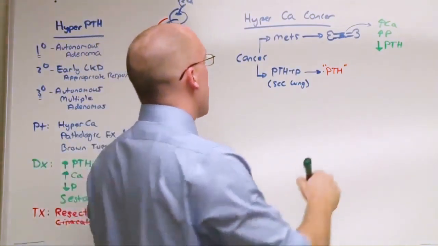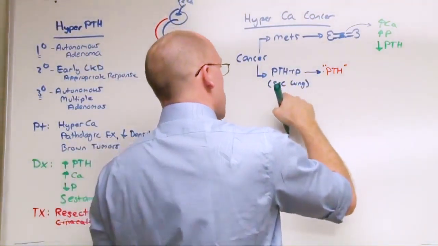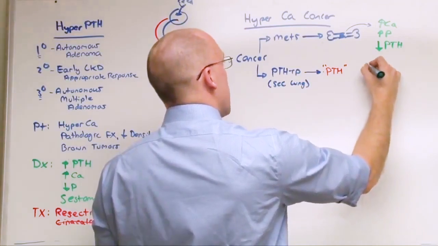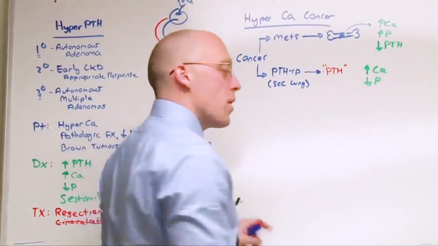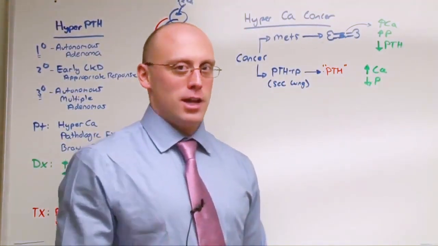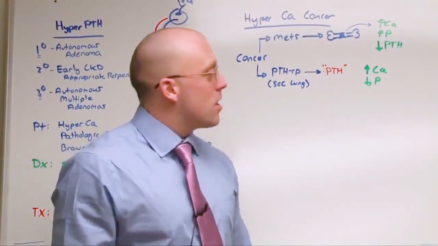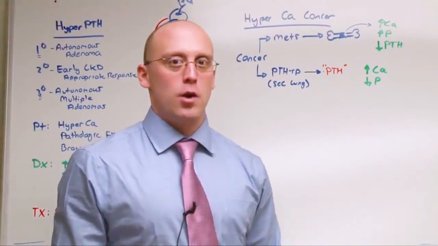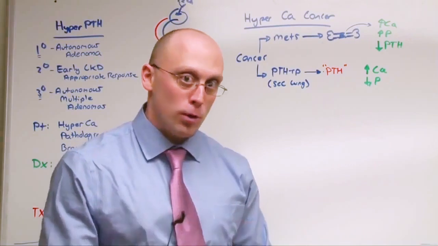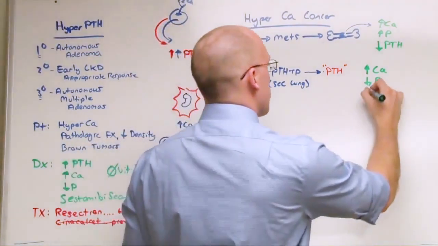So the findings of hypercalcemia from a paraneoplastic syndrome is going to be an elevated calcium and a low phos. But the natural parathyroid glands are working. The high calcium turns off production of parathyroid hormone. So parathyroid hormone will be low.